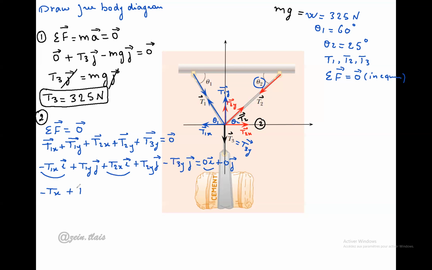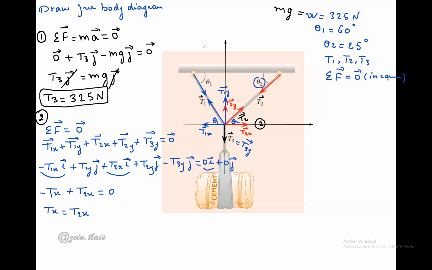Plus T2x equals, minus T1x plus T2x equals 0. Okay, so T1x equals T2x.